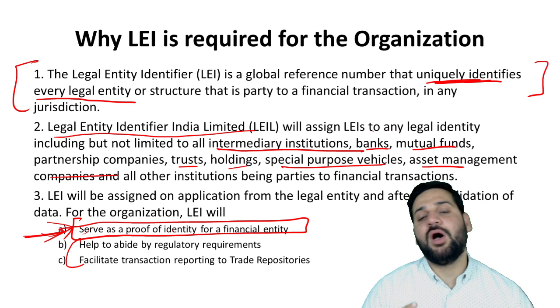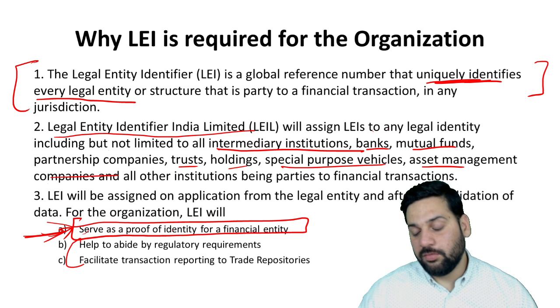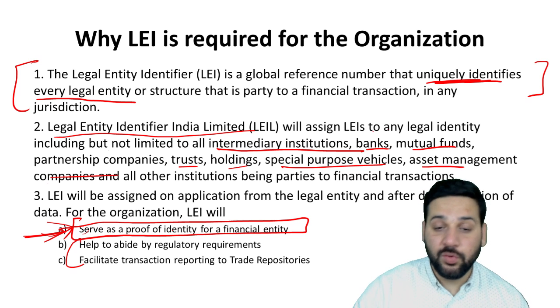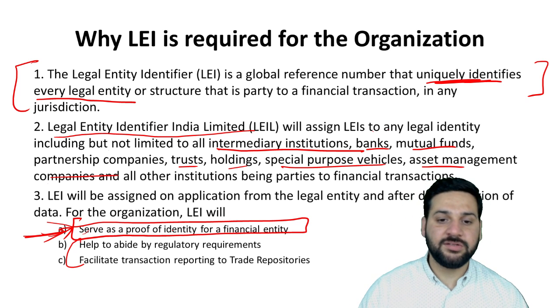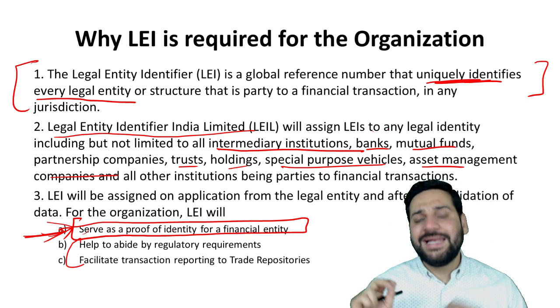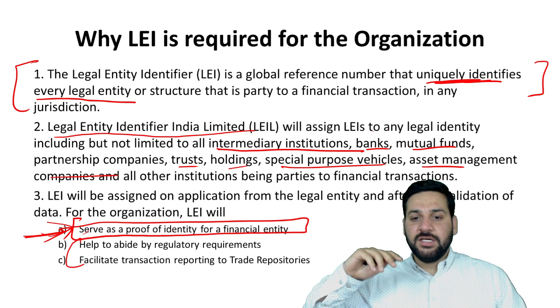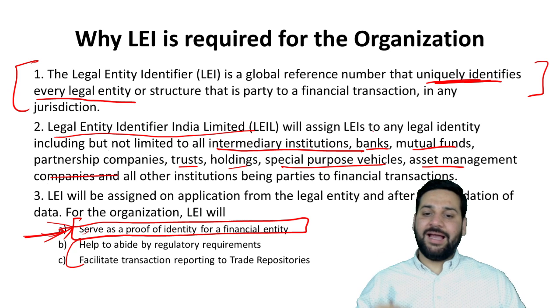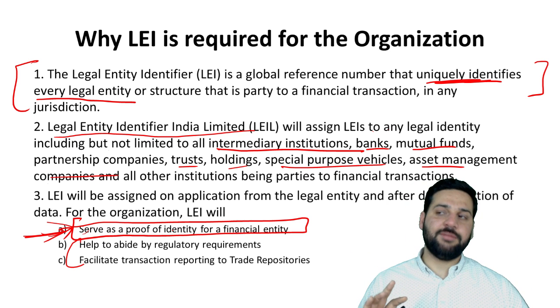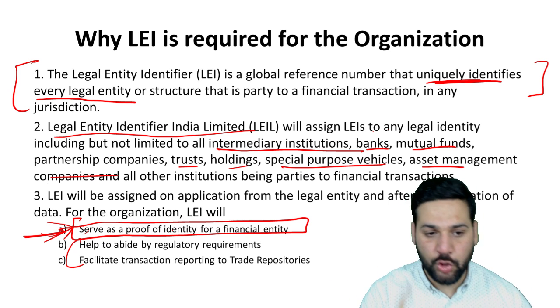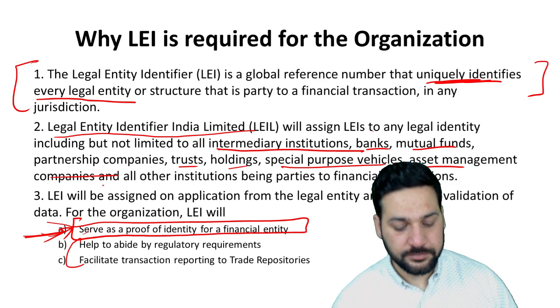This company would provide the LEI numbers to all the legal entities such as private limited companies, mutual funds, AMCs, banks, trusts, everybody, right? But in case of individuals, it is not required, right?